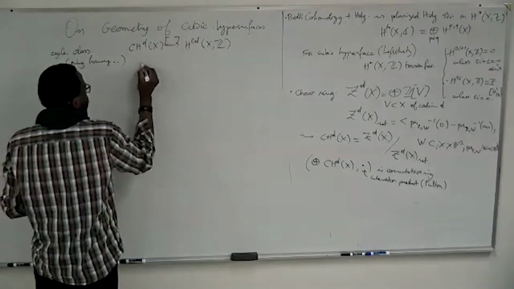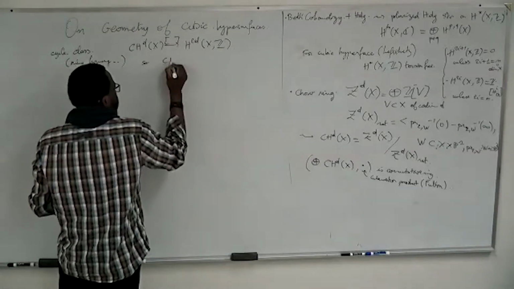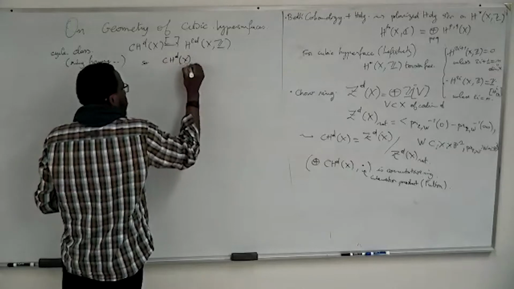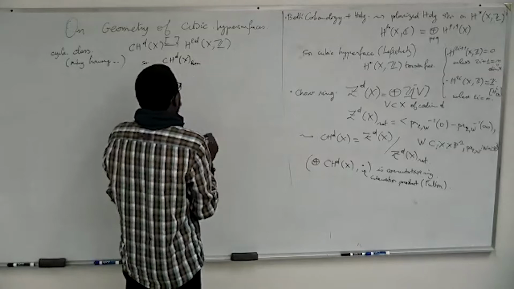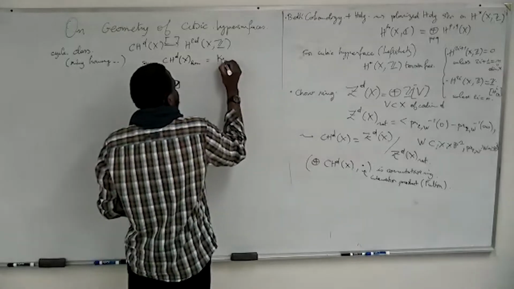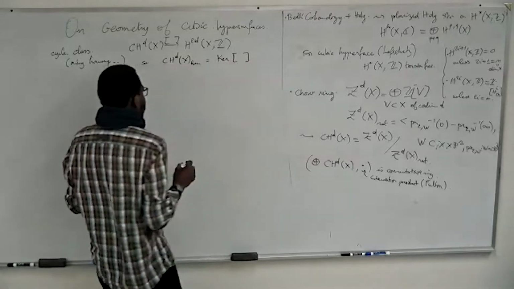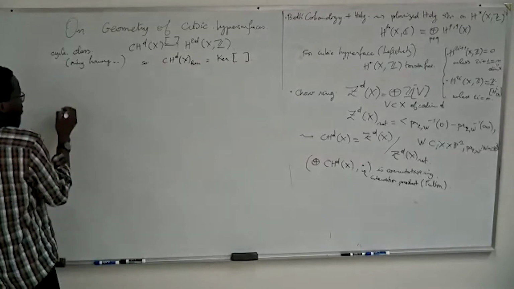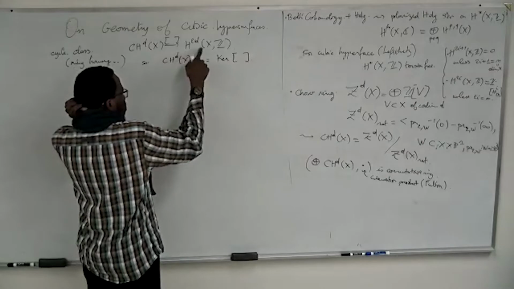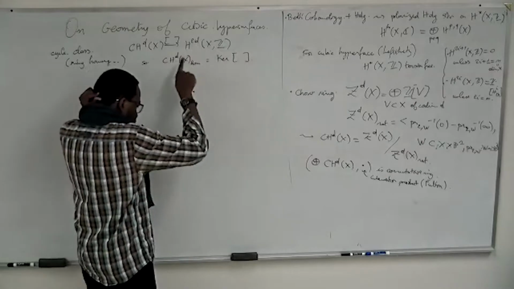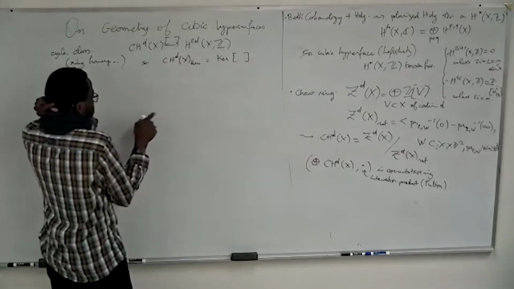So we can introduce the group of homologically trivial algebraic cycles as the kernel of that. In general, with the cycle class, we have just reached a tiny part of the Chow groups.